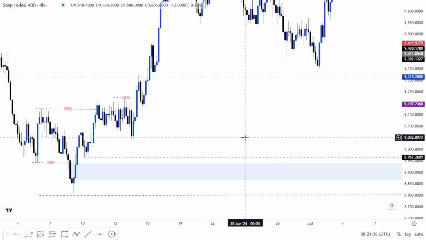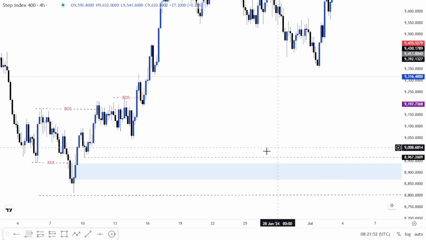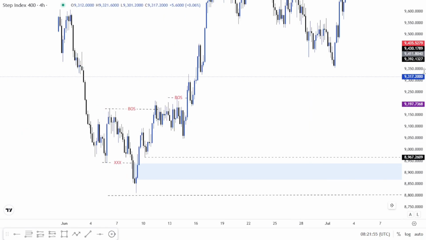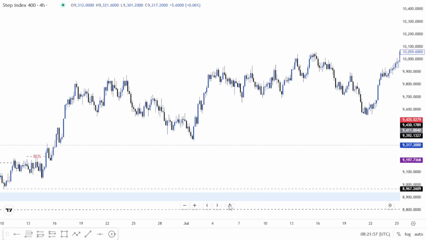So there are 5 rules. The first is the sweep of liquidity, second is the break of structure, third the pullback to provide structural liquidity, fourth is the second break of structure, and fifth, the pullback to sweep the structural liquidity. So now let's look at the current market situation.